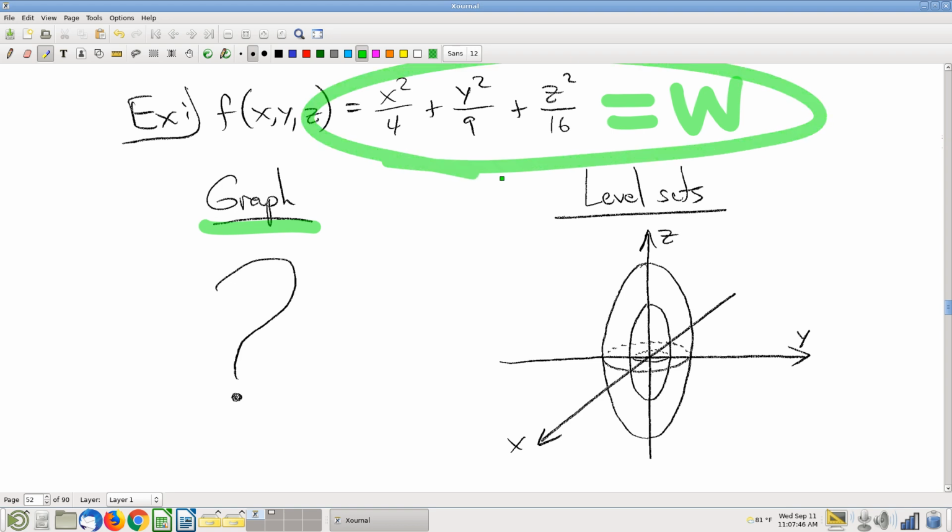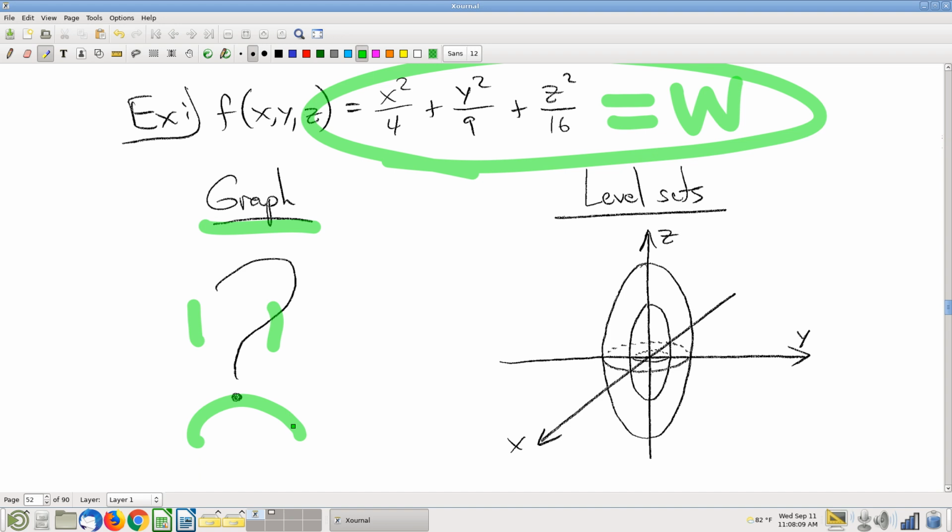I would need a 4-dimensional picture, and I can't do that. So this fairly innocent little function here, you simply cannot draw the graph. It's not on the table. It's not possible. Nobody can do it. You can't even really visualize 4 dimensions.